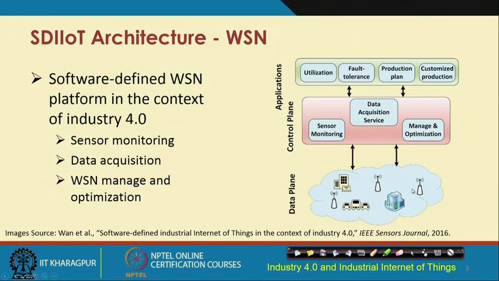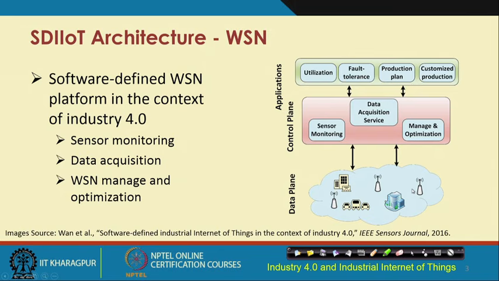So, how you are going to make them SDN enabled is what we are going to look at at a very high level, and particularly try to identify the main difficult areas in each of these architectures where SDN implementation will pose challenges and how you are going to cater to these specific requirements. This is what we are going to look at in this particular lecture.